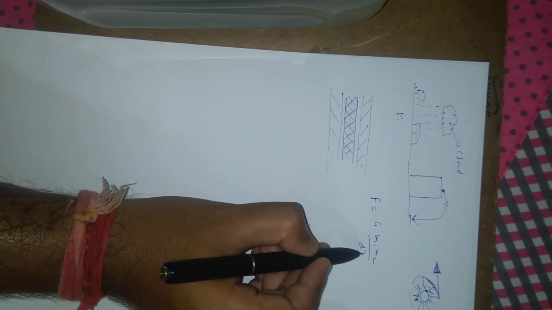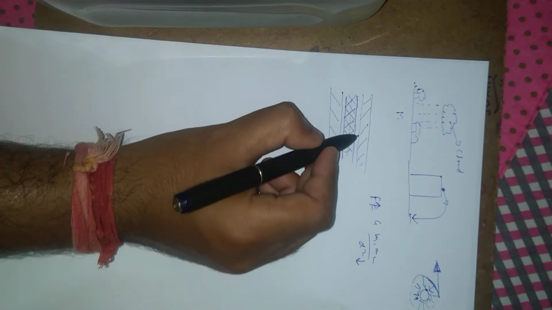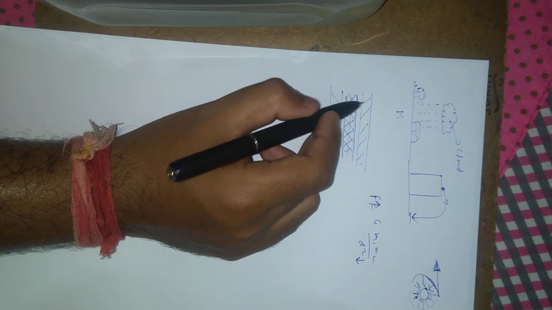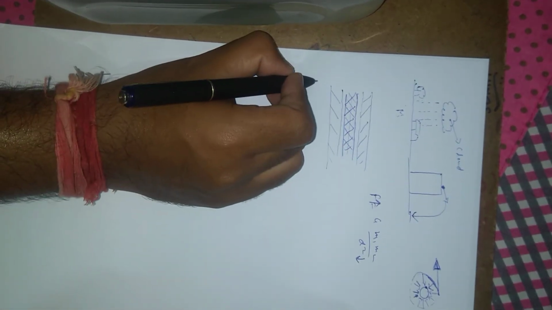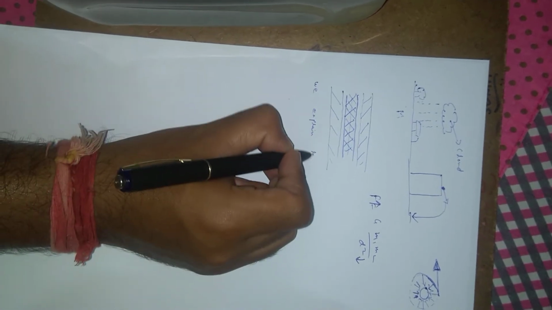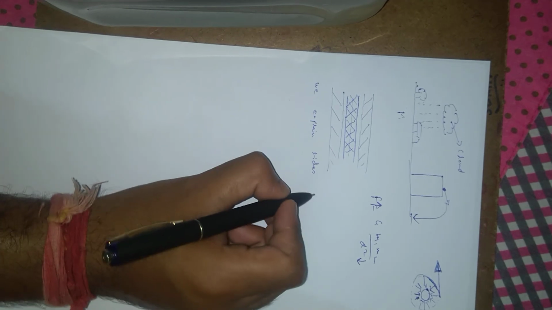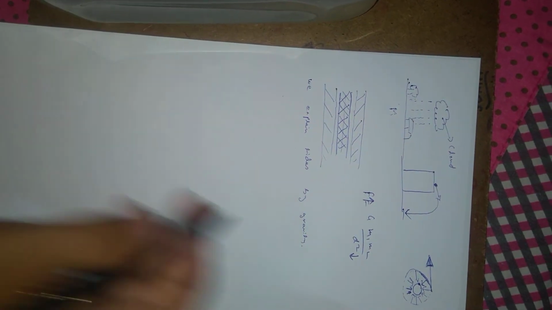So as the distance decreases, force increases. Therefore water gets pulled. So this is how we can explain tides by gravity. Okay, so this is some of the importance of gravity.